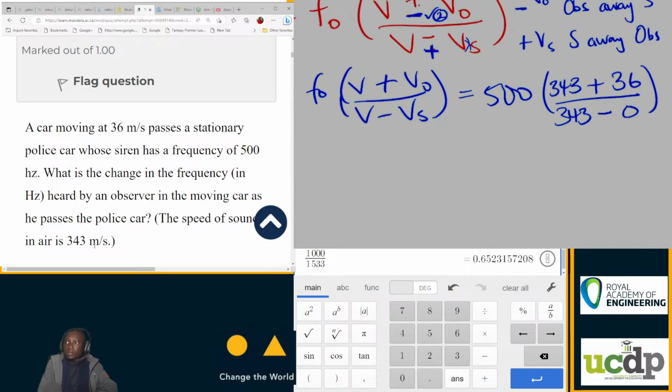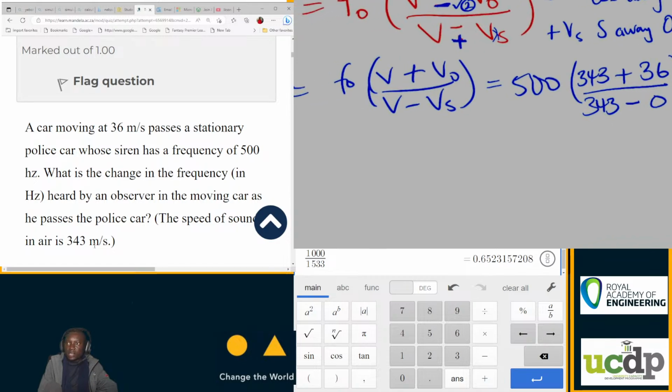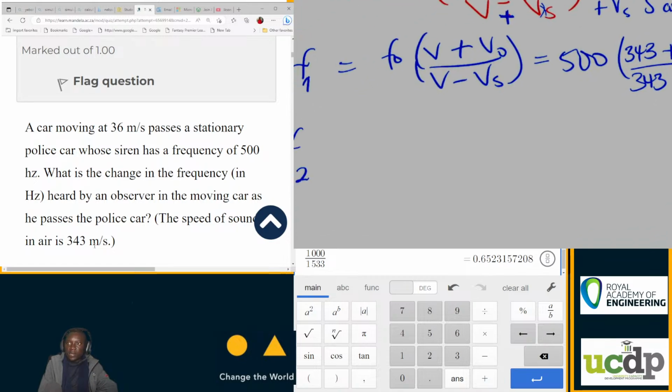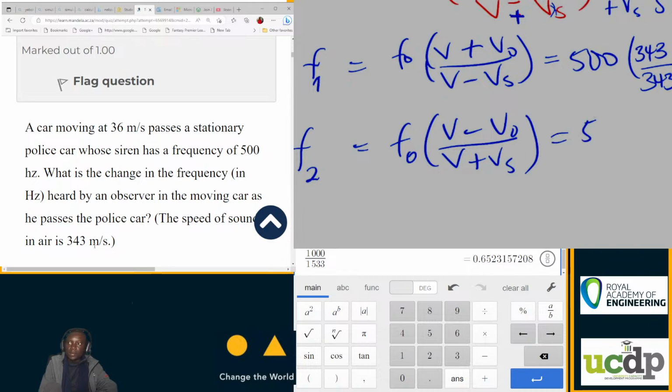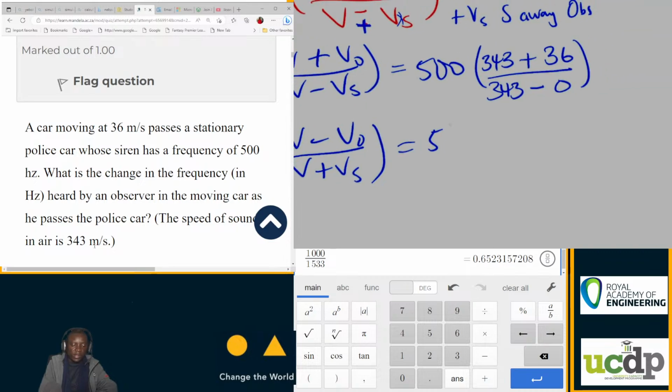Okay, so this is the first expression when the car approaches the police car. F2 is when the car passes, and so this is V minus V naught over V plus Vs, which is 500 multiplied by 343 minus 36 over 343 plus 0.